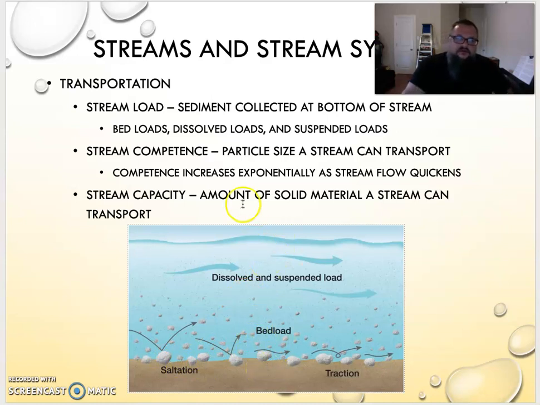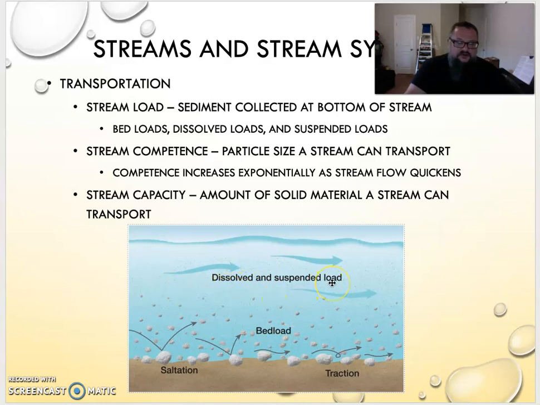Dissolved loads are the smallest kind of loads. These are loads that actually break apart down to the chemical, down to the molecular level, and are transported within the stream. And then suspended loads are just small enough to be able to float along.